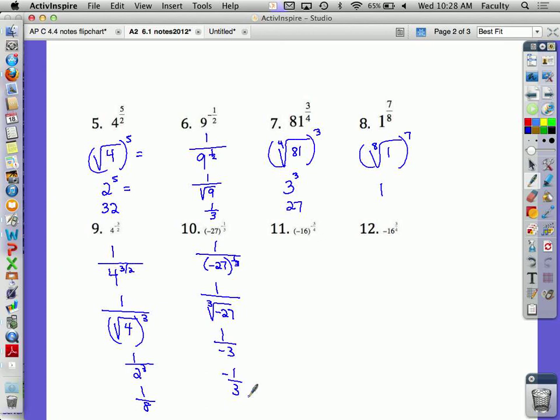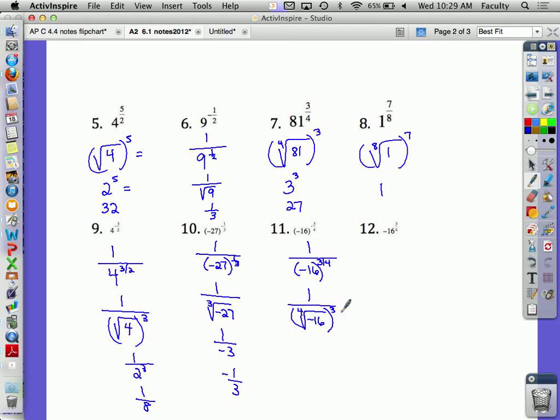Okay. Now, 11 and 12 are tricky, so let's look at these carefully. The first thing I'm going to do is take care of the negative exponent, and that makes it 1 over parenthesis negative 16 to the 3/4 power. Now, this is going to become the 4th root of negative 16, and that answer is being cubed.